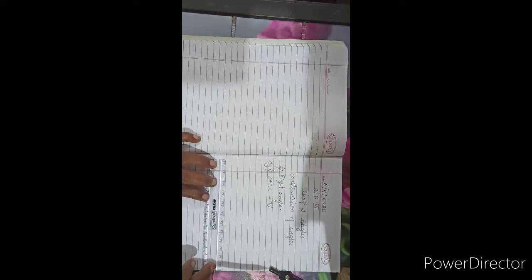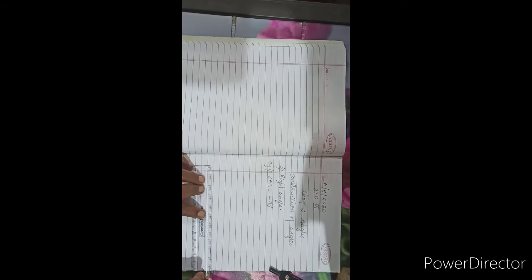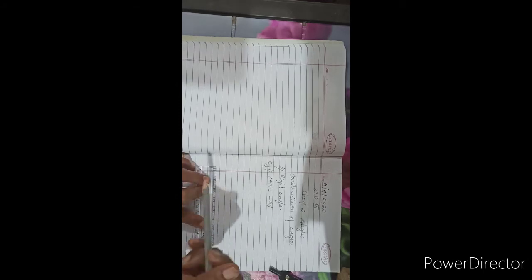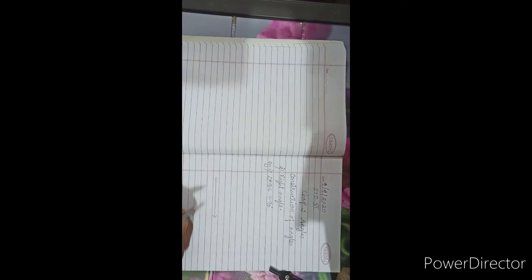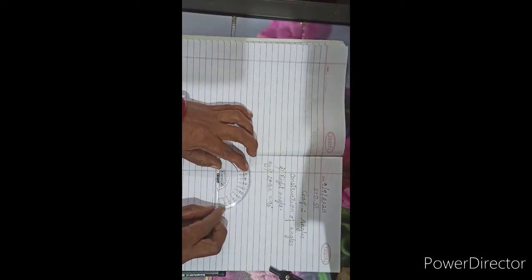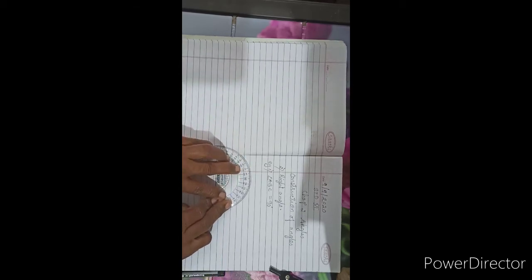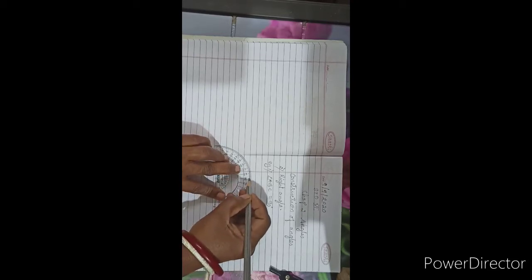For that, take the scale, draw the base, take the protractor, keep it on this point, adjust the protractor line along the pencil line, then take the pencil and mark this.